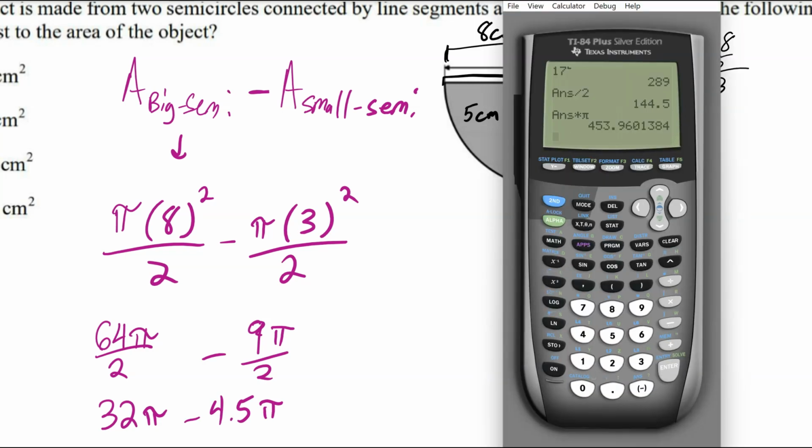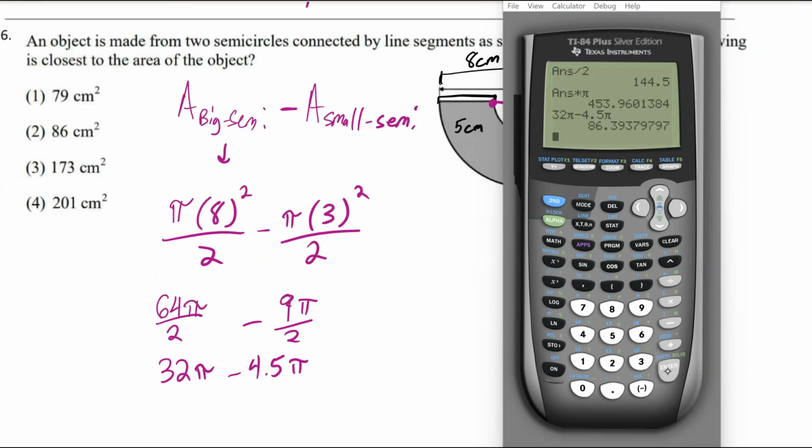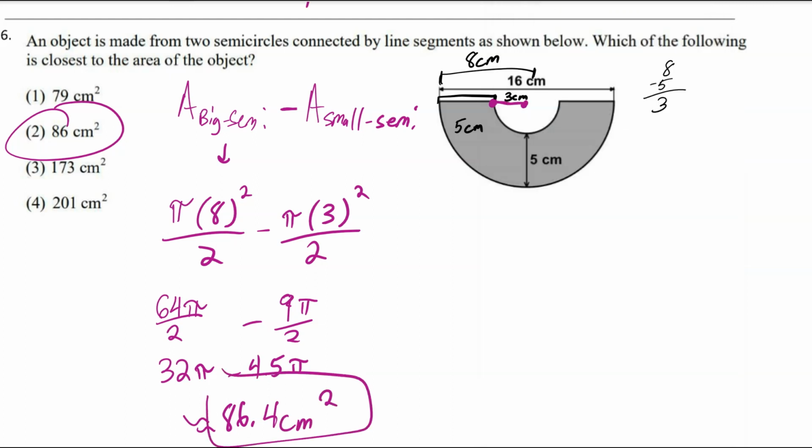So if I type that into my calculator, 32 pi minus 4.5 pi, oh, not e, I want to use the pi button, I get that the area of just what's left is roughly 86.4 centimeters squared. So this was a shaded area problem of taking the whole semicircle and subtracting away that inner white semicircle.